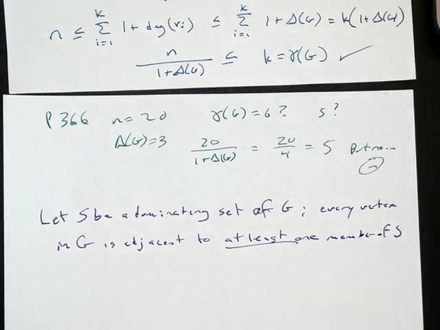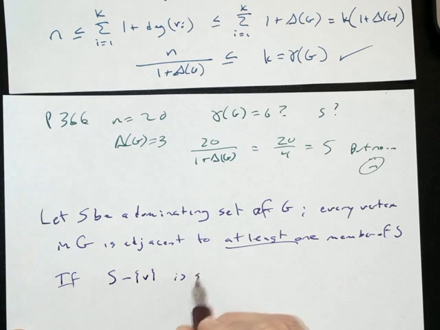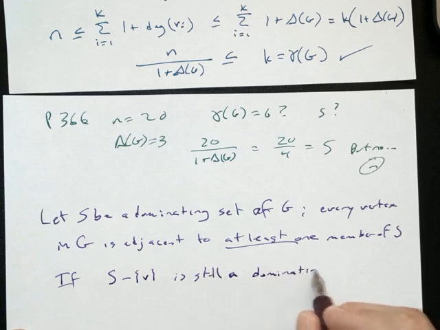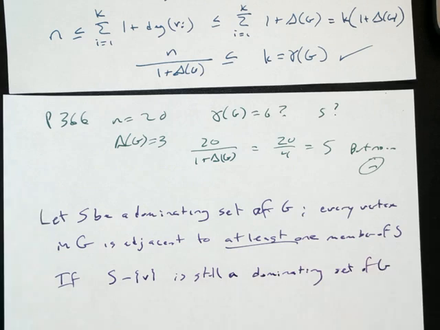If I have the ability to remove a vertex from my set, then I've found a smaller set.